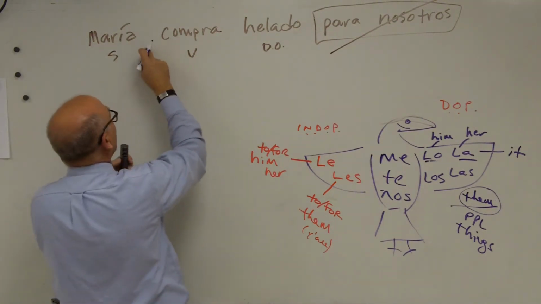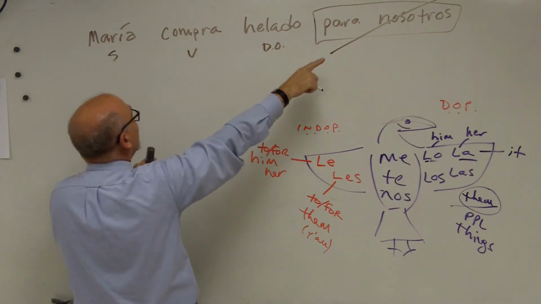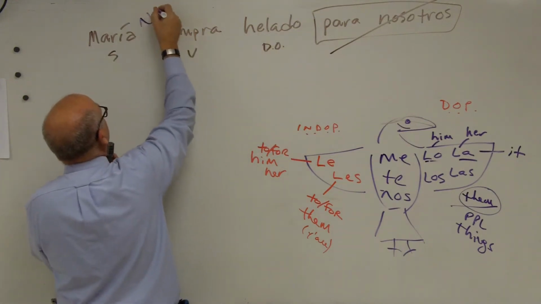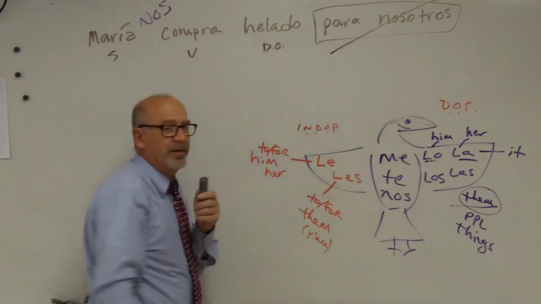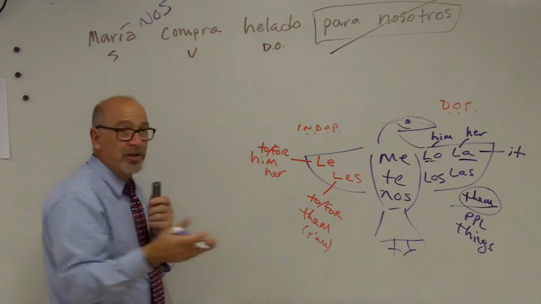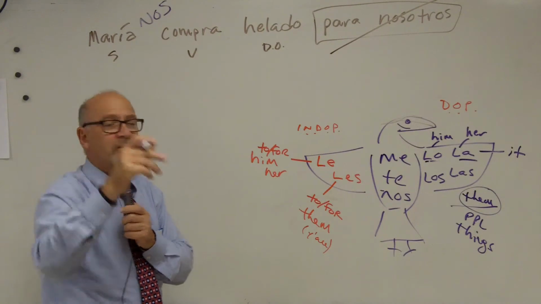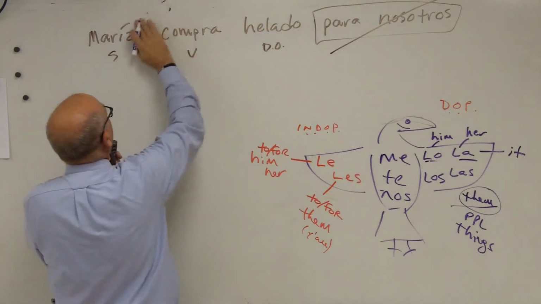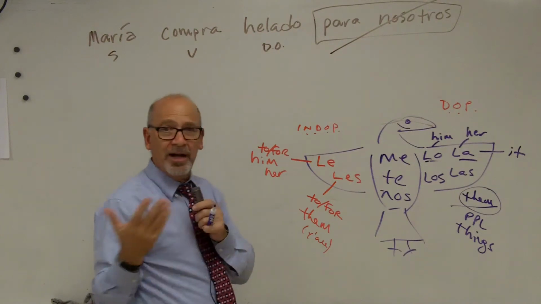So we're going to say María buys us. María nos compra helado. Forget the rest of it. That's perfect. That's so simple. How about this one? María is not buying ice cream for us.